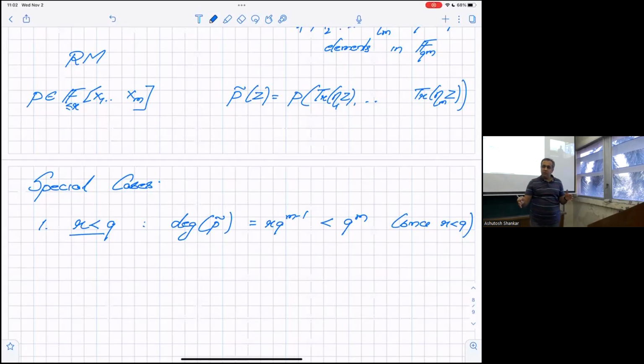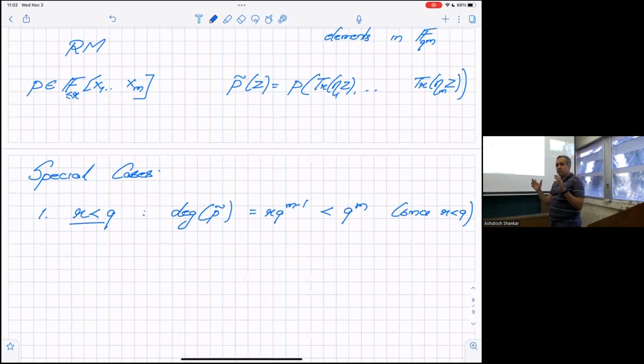Therefore, what have I done? I have taken a Reed-Muller code with a particular distance. I've embedded it as part of a Reed-Solomon code, and the Reed-Solomon code also has exactly the same distance.